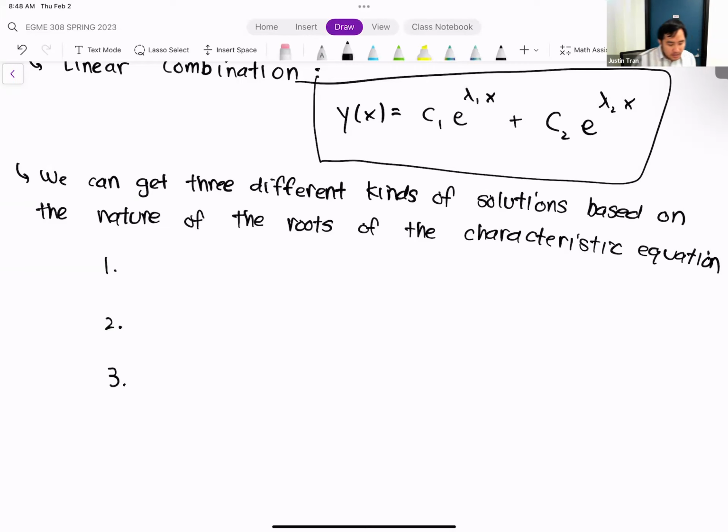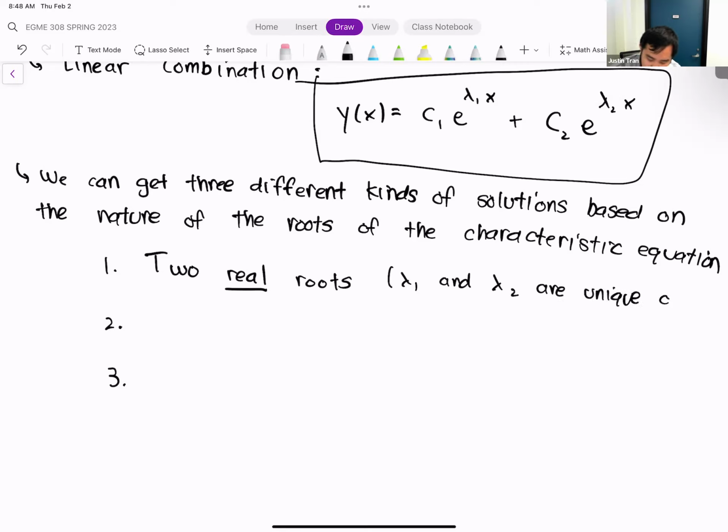The first case is the simplest case, where we have 2 real roots, lambda 1 and lambda 2, and by real, I mean not imaginary.